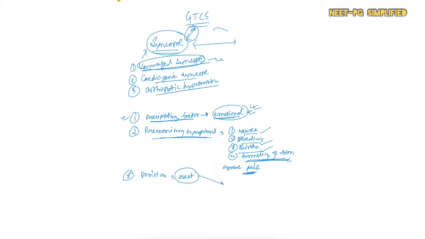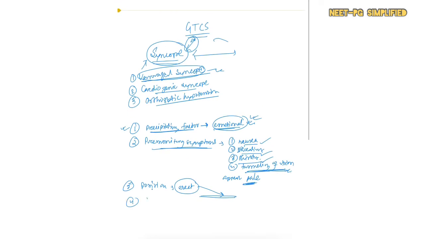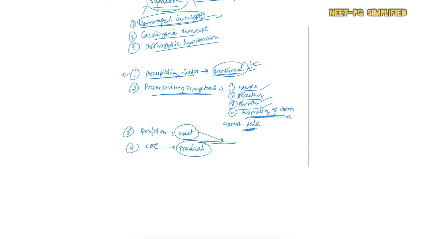Number 4, the loss of consciousness will be gradual, over seconds. Number 5, regaining consciousness is rapid, usually within seconds.